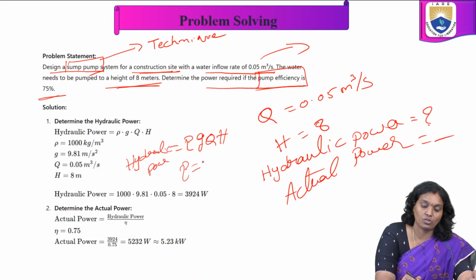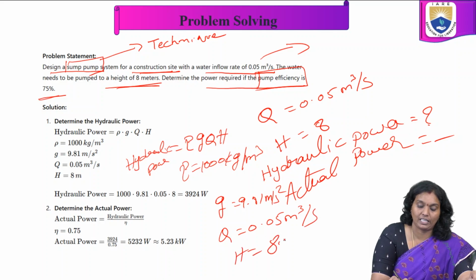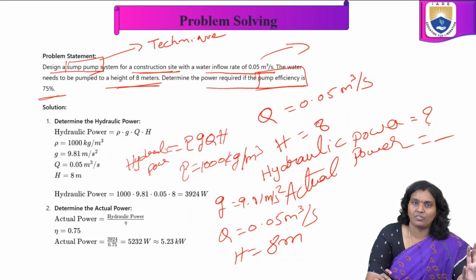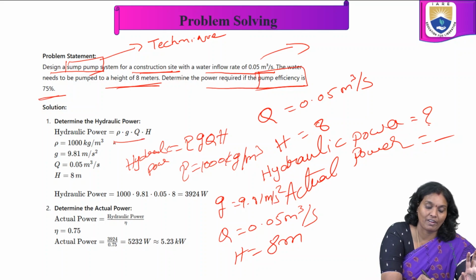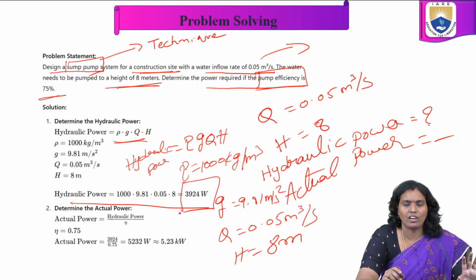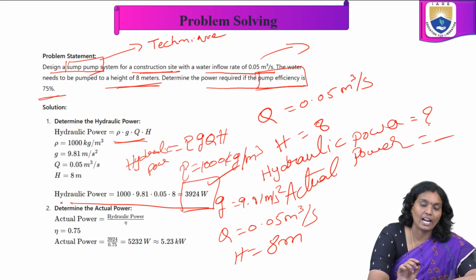Now rho is equal to 1000 kg per meter cube for water. G is equal to 9.81 meter per second square. Q is equal to 0.05 meter cube per second. H is equal to 8 meters. As per the formula, after calculations, we get the hydraulic power as 3924 watts.